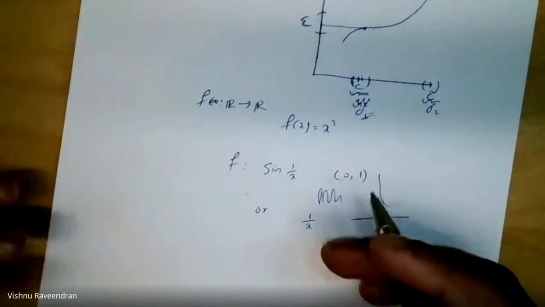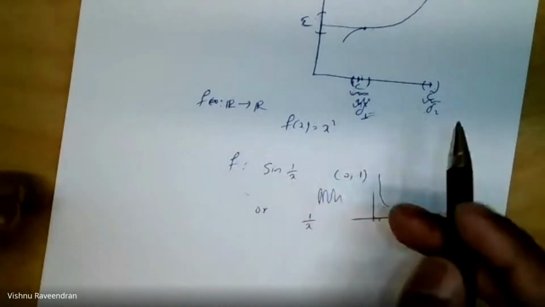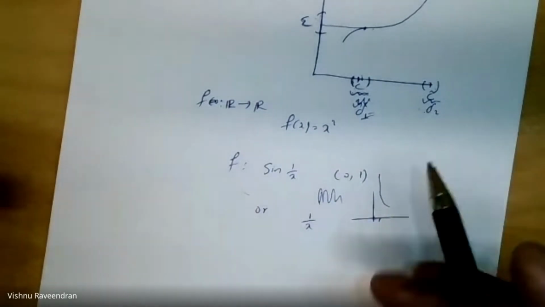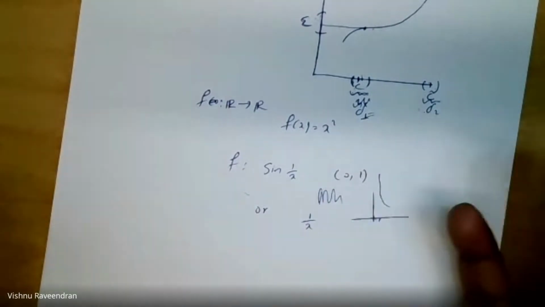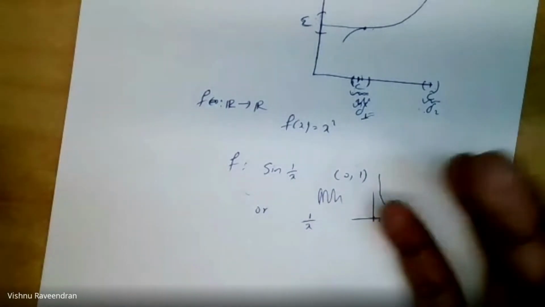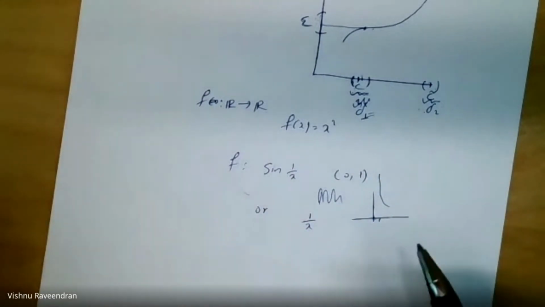But this is not a way to identify it, you need to prove it rigorously. This is just to give you an idea, so that if you see a function you can think about whether it is continuous or uniformly continuous.